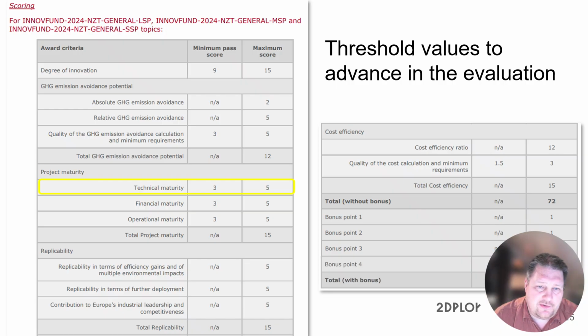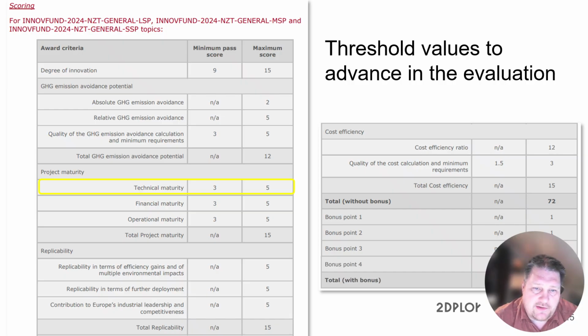It's important to collect points throughout the entire application, and you have a maximum score, as you can see, for each individual section of your application, and you also have a minimum threshold that you at least need to pass in order to be eligible for the funding.